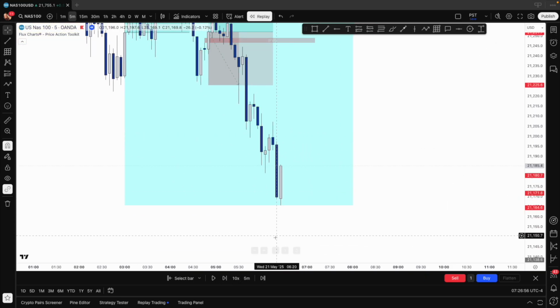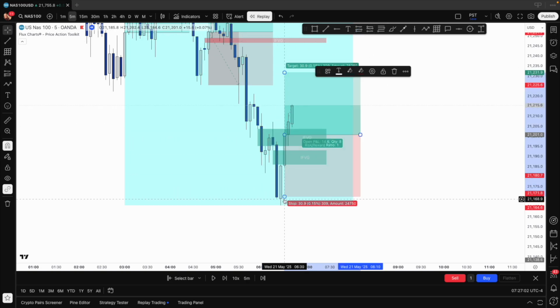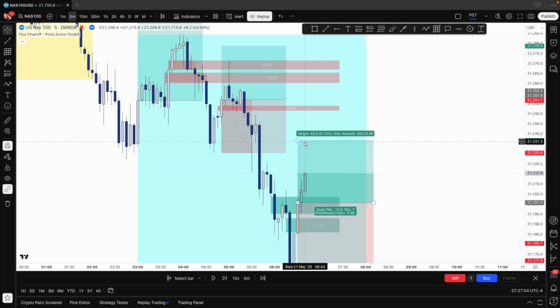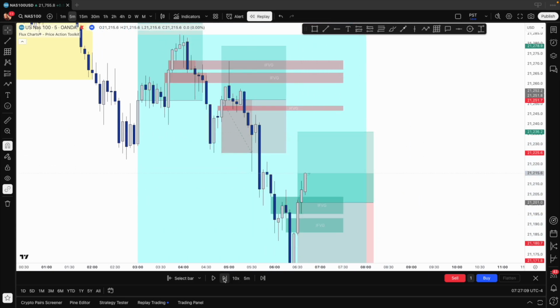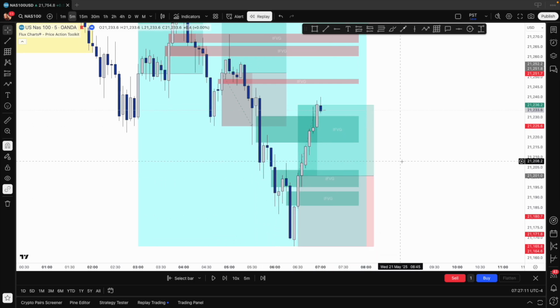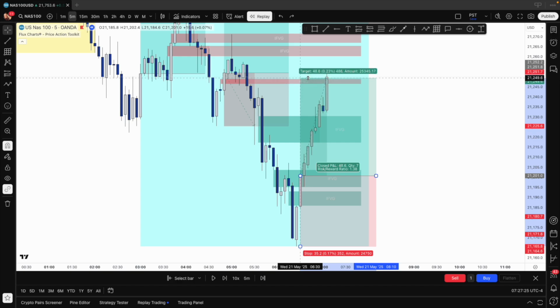Still during London. There we go. There was our first entry right over here. Stops below the low. Target a 1.1 risk to reward for break even. There we go, break even trade. And now we can target a 1 to 1.5.